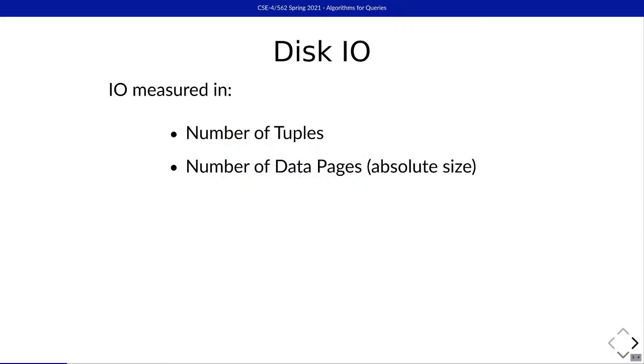Okay, so the other part of cost modeling here is the amount of I/O that the operator is going to add to our computation. Essentially what we're trying to do is figure out, for the entire query plan, how much I/O that operator is going to use. There are a couple of different ways that we could measure this.